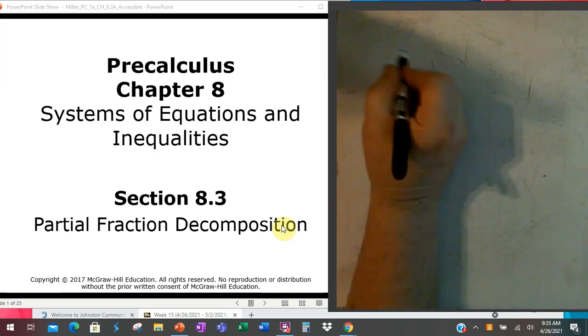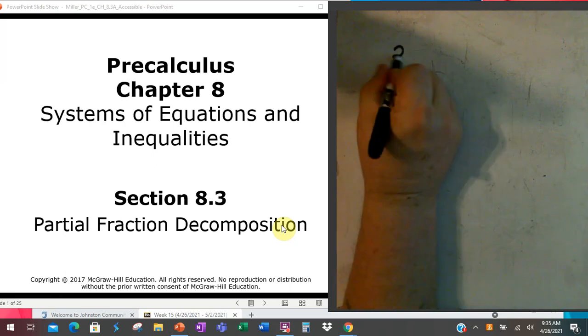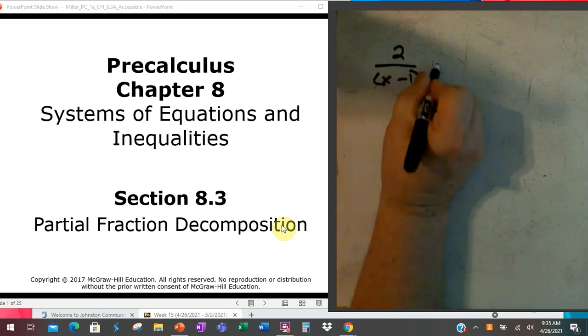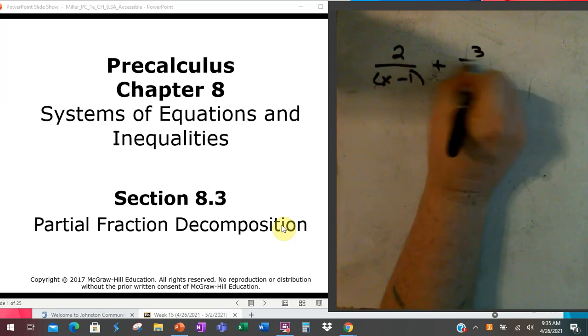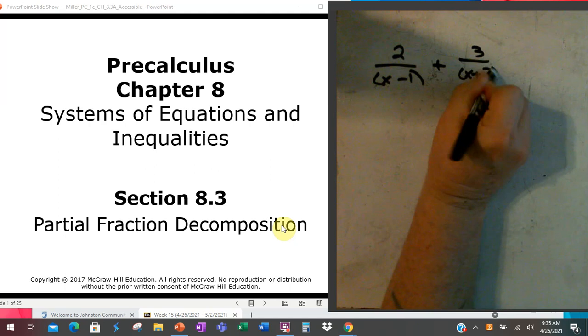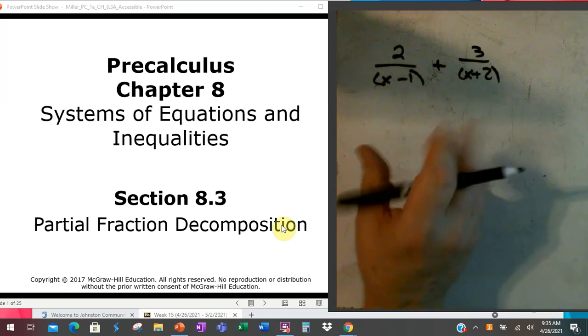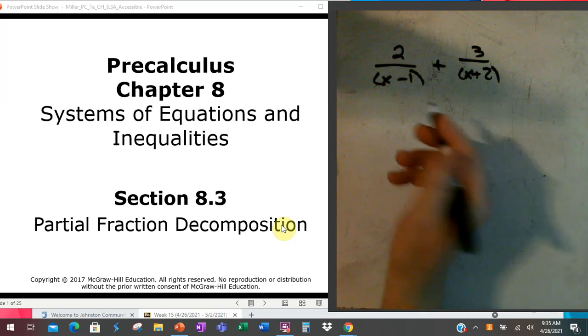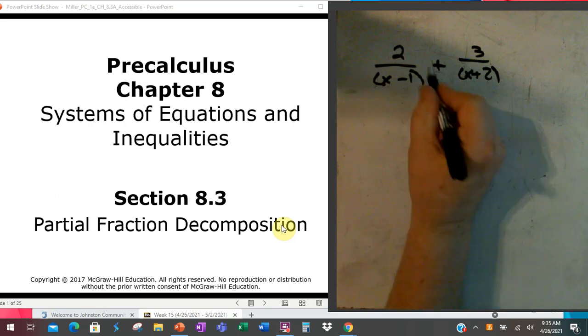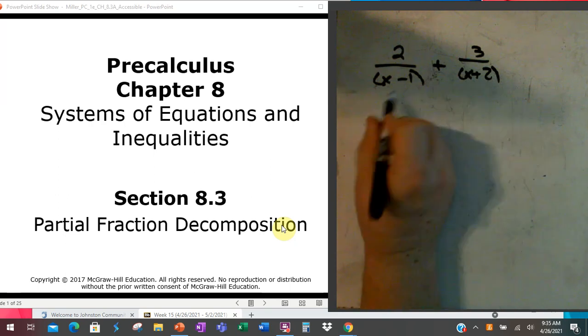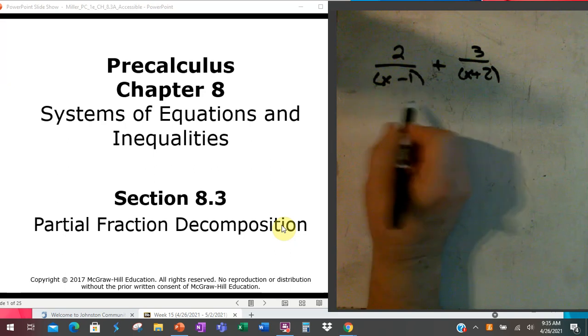Before, we looked at things like, if I wanted to combine these two rational expressions into one, I want to combine these two fractions into one. How I would do that is I needed to get the LCD.